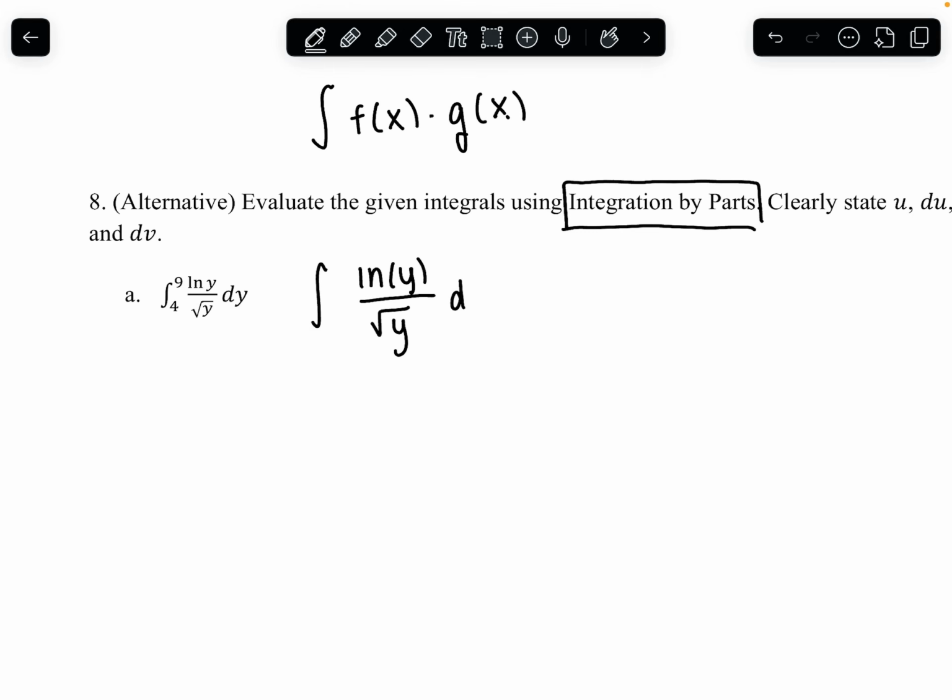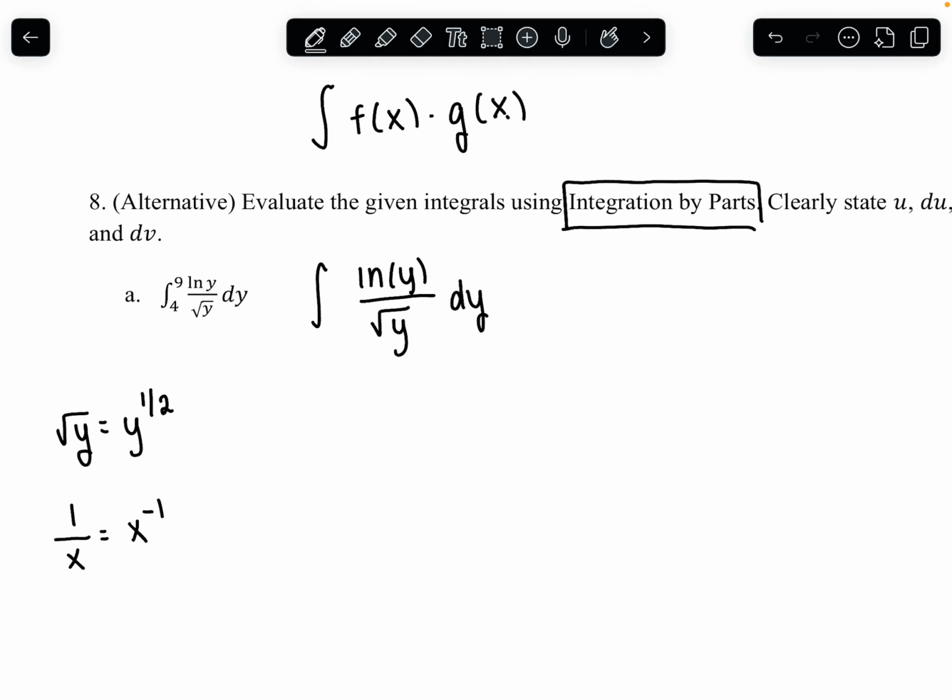So, first things first, square root of y. Hopefully we understand that that's the same exact thing as writing y to the 1/2, okay? Now, another trick we can use is if I have something like 1 over x, that is the same thing as x to the negative 1.